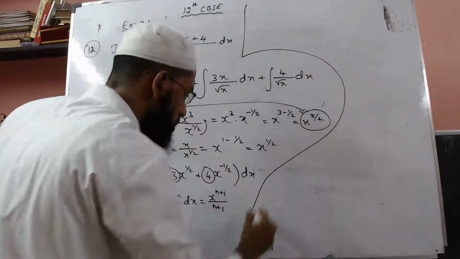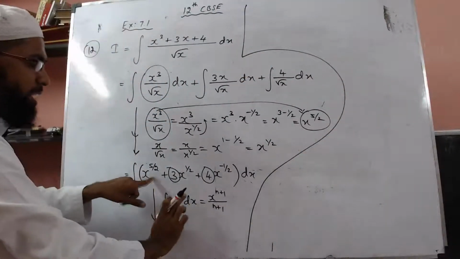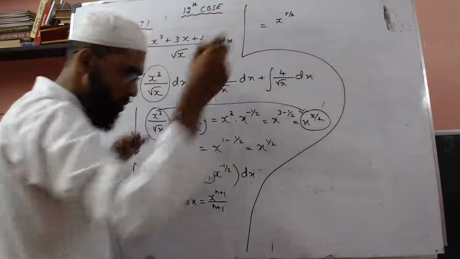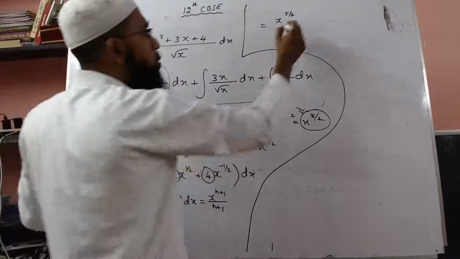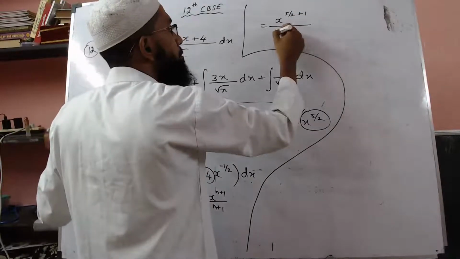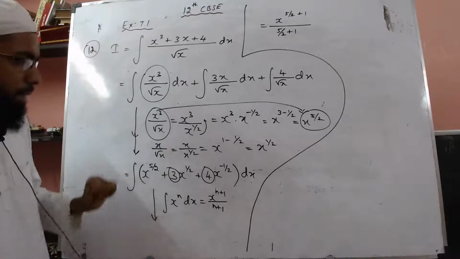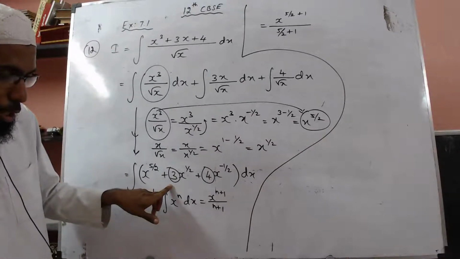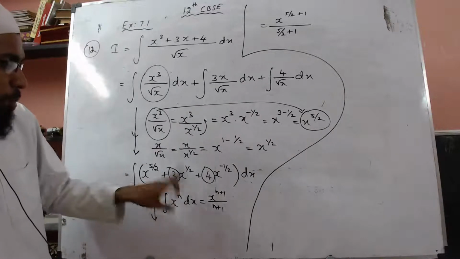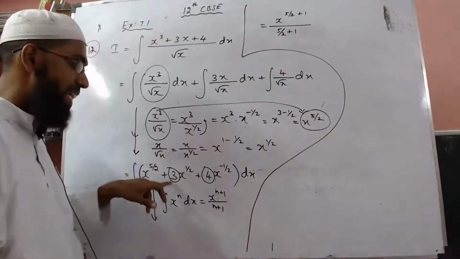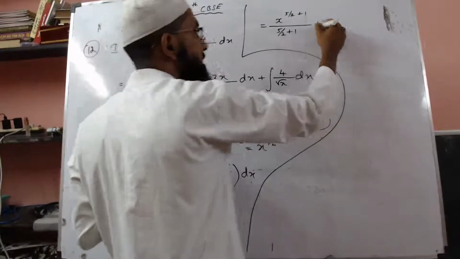Right. Now if I use this formula for x power 5 by 2, it is x power 5 by 2 plus 1 by 5 by 2 plus 1. Then plus 3 into x power 1 by 2: 3 is constant, write the 3 as it is.